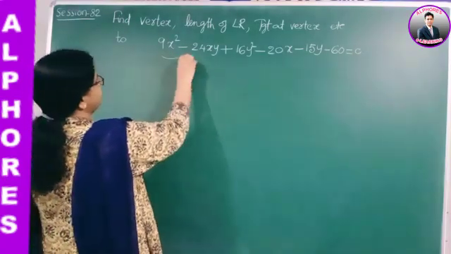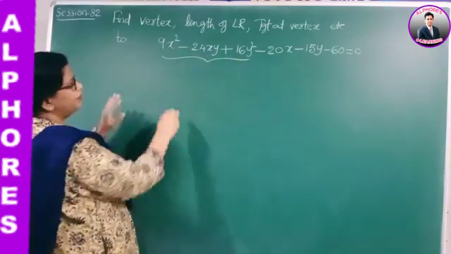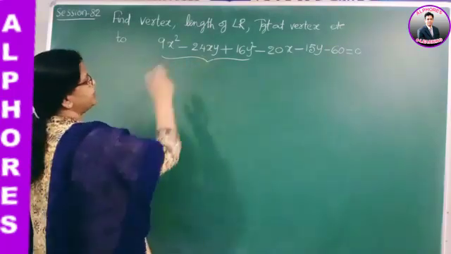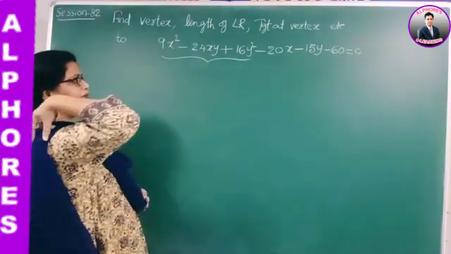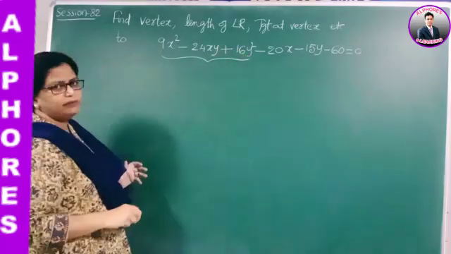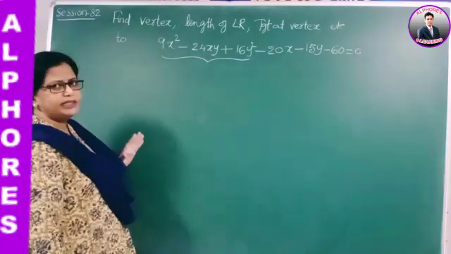Then the homogeneous part you observe. Okay, the homogeneous part, of course here delta value is not equal to 0 and h square is equal to ab. So the homogeneous part, if you observe, every time it will be a perfect square as long as a parabola is concerned.